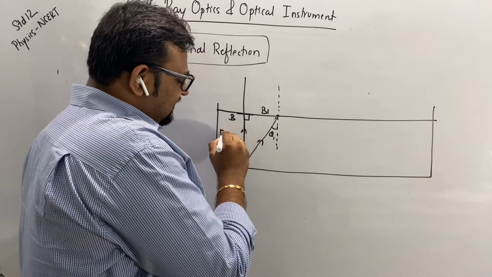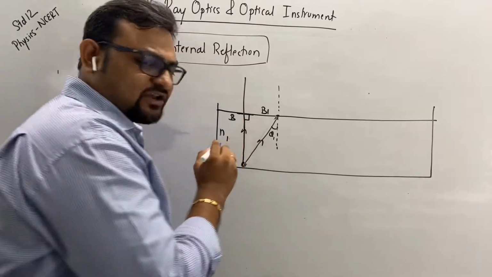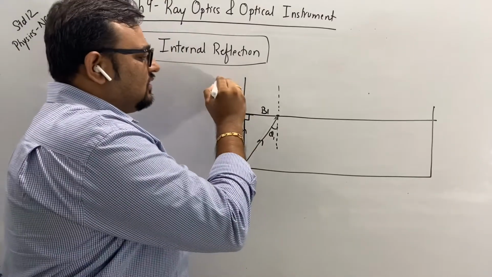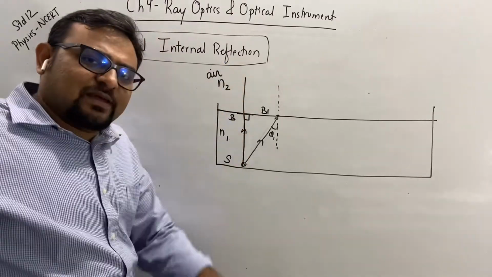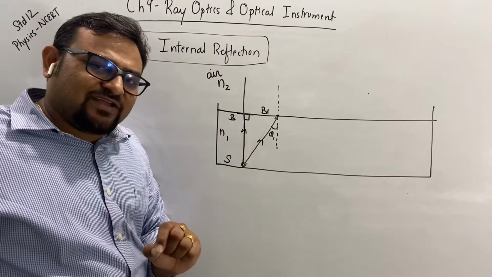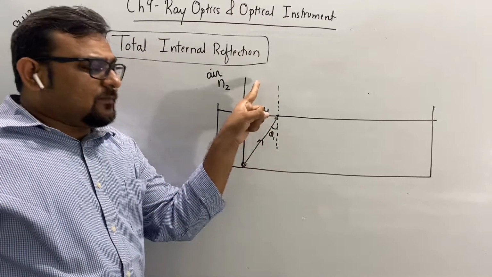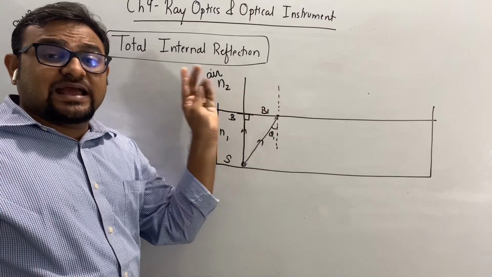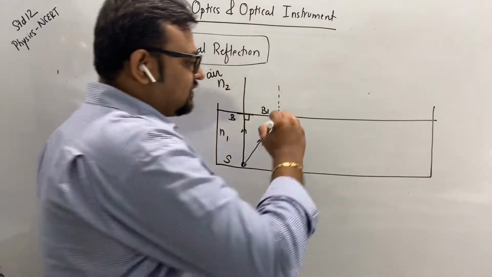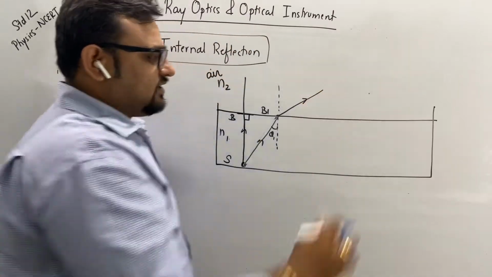Let's take this as N1, means refractive index of liquid, and N2, this is air. So what will happen? The ray of light is entering from optically denser to optically rarer medium. So it will bend away from normal. So let's take this will be the refracted ray.